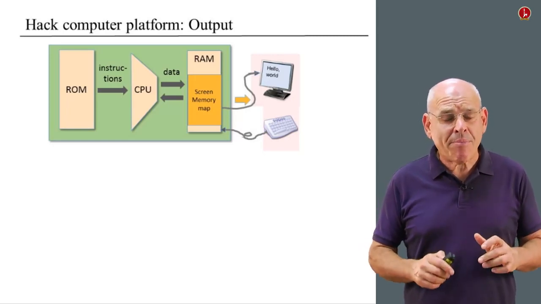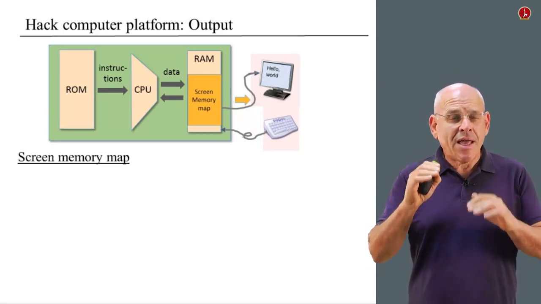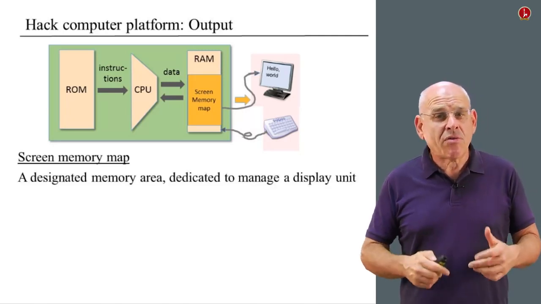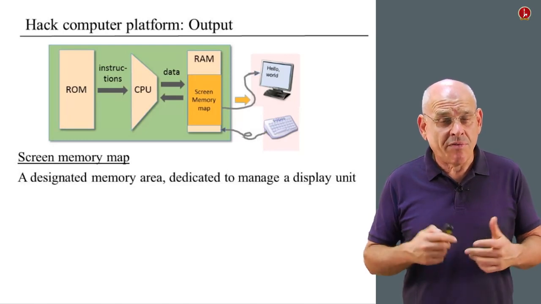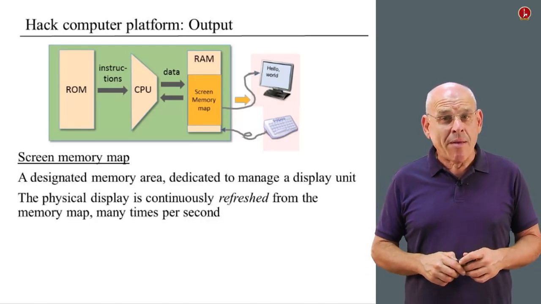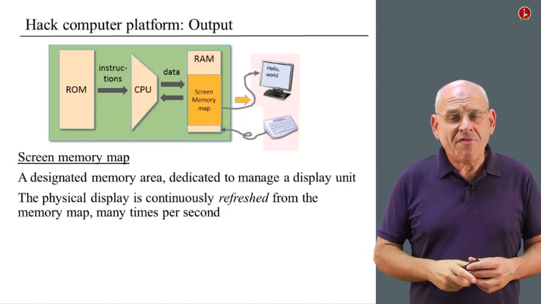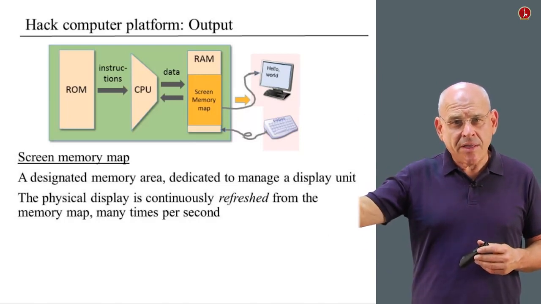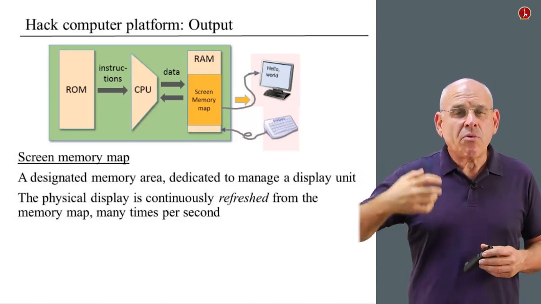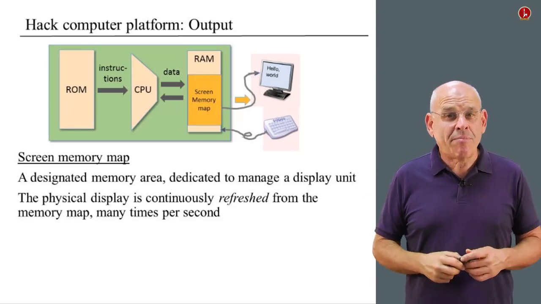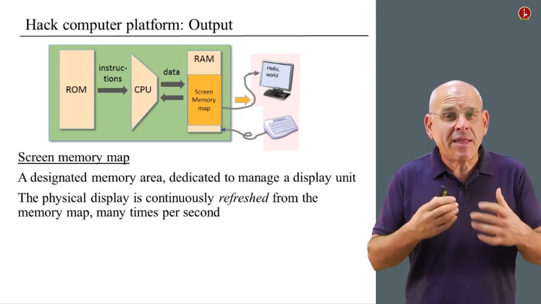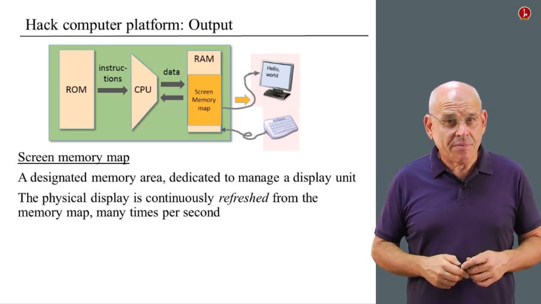And the screen memory map is a designated area which is part of the data memory of what we sometimes call RAM. So the deal is such that the physical display unit is continuously refreshed from the contents of the memory map. And this happens many times each second.